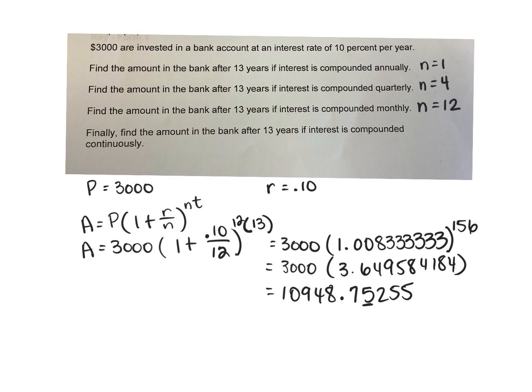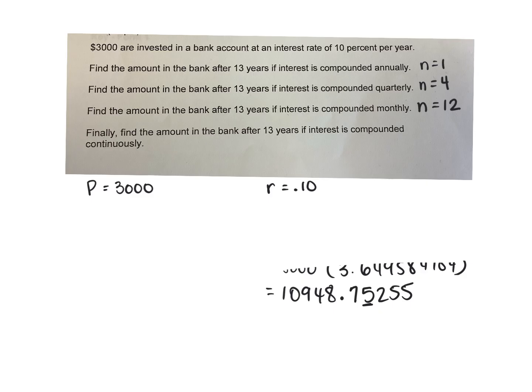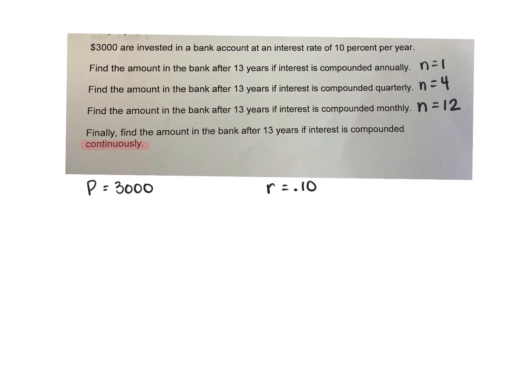Now the last one is the only one that is different. The information that you start with is identically the same, but what happens is we're not using that equation anymore because we have the word continuously right here.